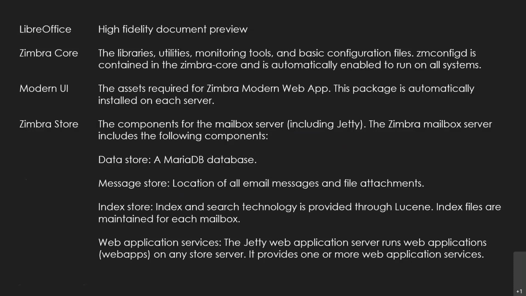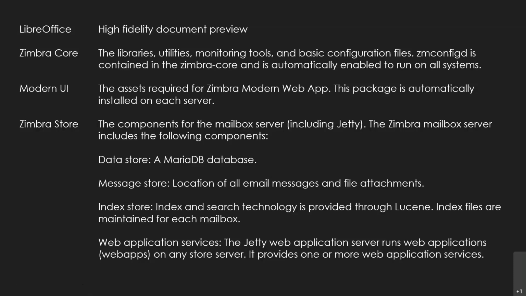It has the components for the mailbox server, including Jetty. The Zimbra mailbox server includes the following components: the data store, a MariaDB database; the message store, the location of all the email messages and file attachments; and the index store. Index and search technology is provided through Lucene. Index files are maintained for each mailbox.